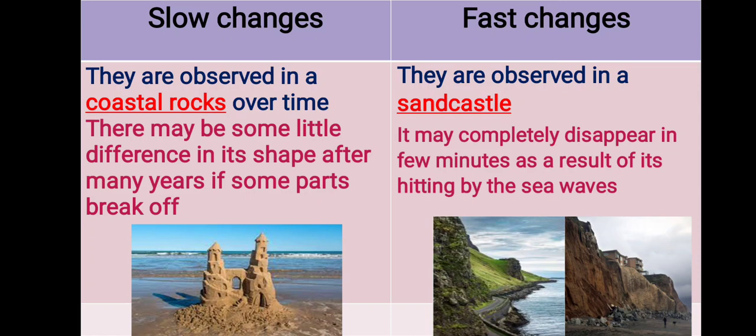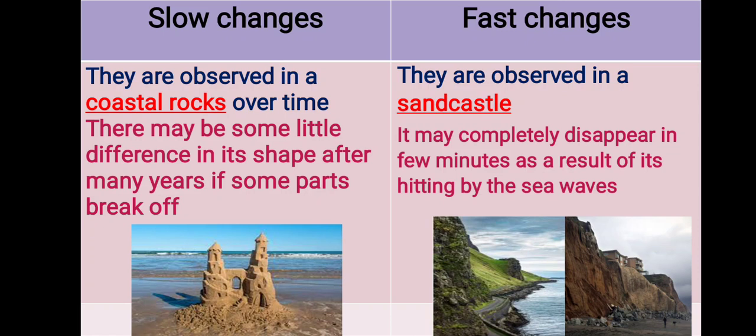Okay, and what about the slow changes? Slow changes are the changes that happen in a very long time, in many years. Like what? Like the change of the shape of the coastal rocks.